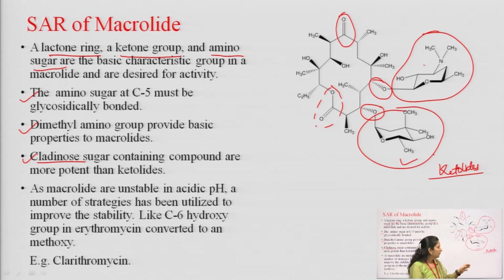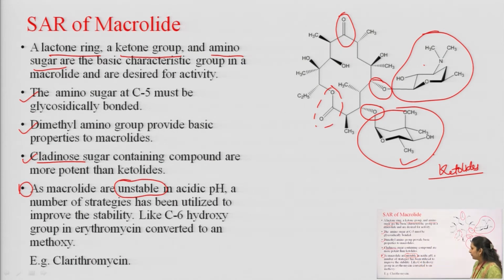The next point is also very important. We saw that many of the macrolides were unstable in acidic environment. As soon as macrolides were placed in an acidic environment, they started getting unstable.